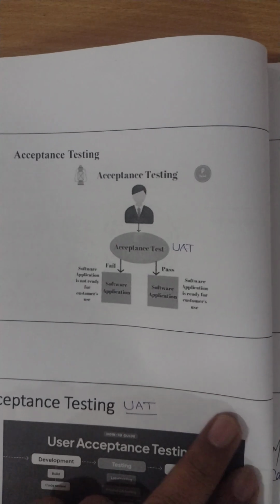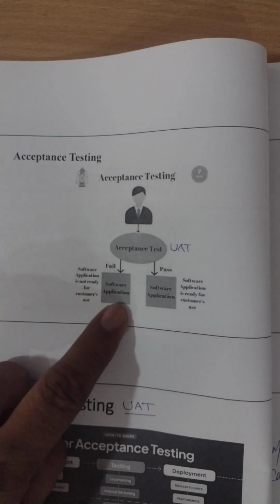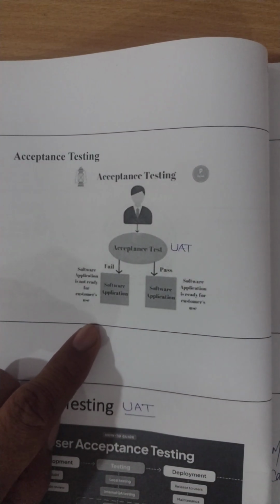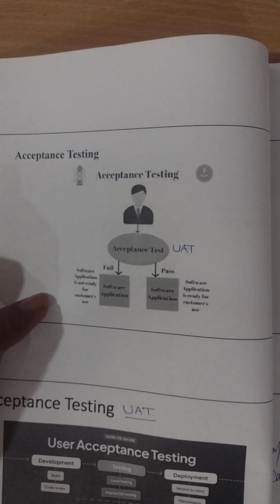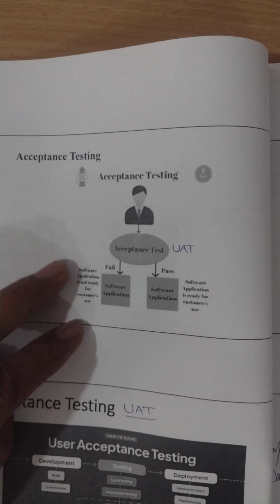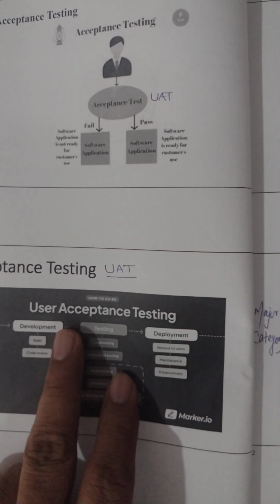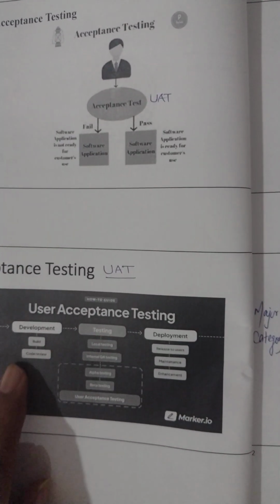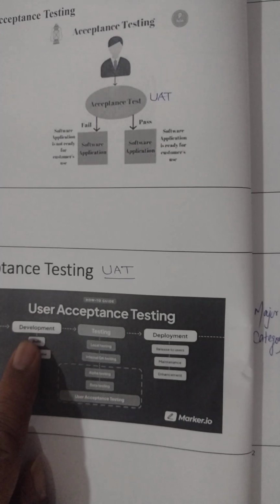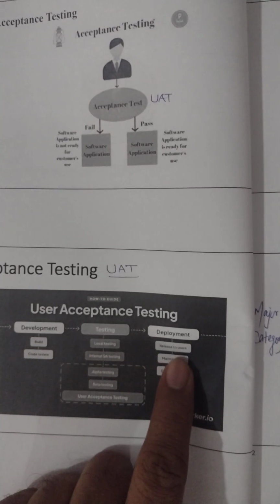Acceptance testing, as we have seen, is sometimes conducted by involving the end user also, which is also called user acceptance testing. So we have the development, we have the testing, and we have the deployment.